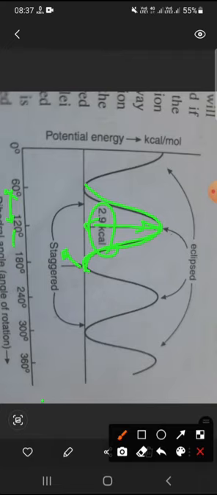So again I rotate by 60 degrees, it again becomes staggered. Staggered is very stable with less energy. Again with 60 degrees, it becomes eclipsed, and eclipsed has higher energy, less stability.